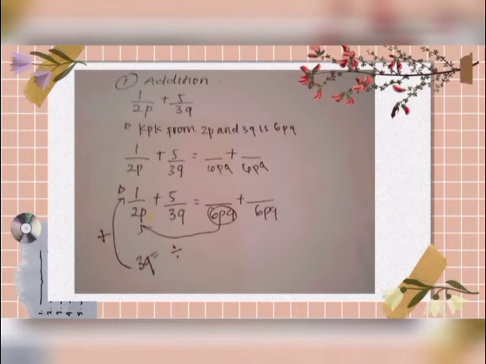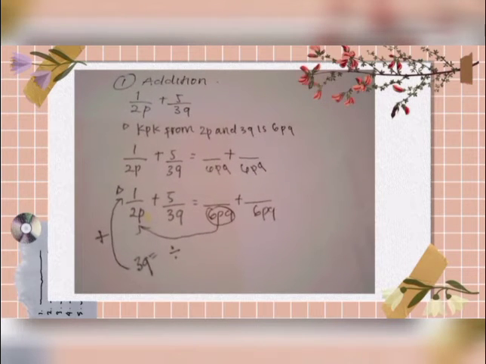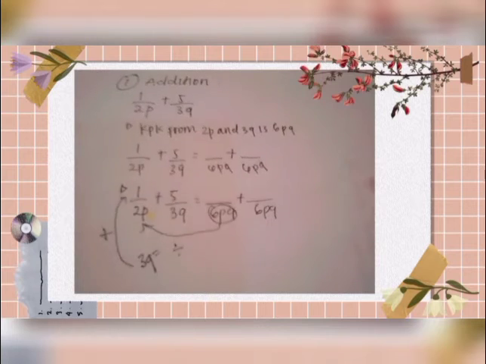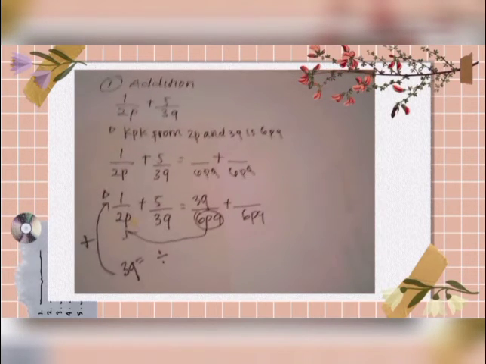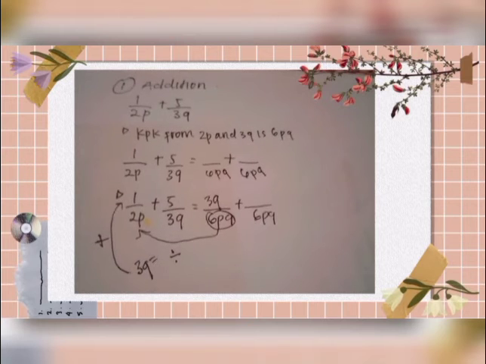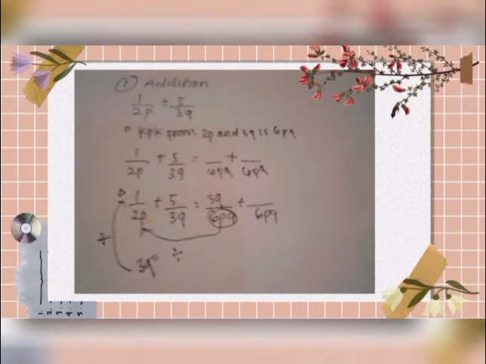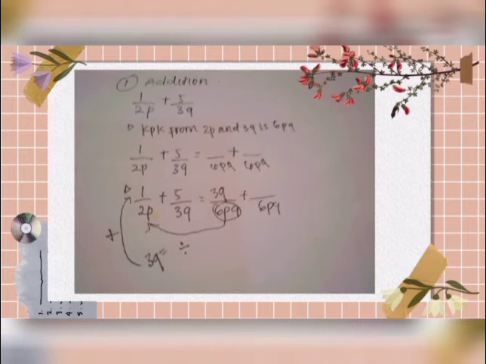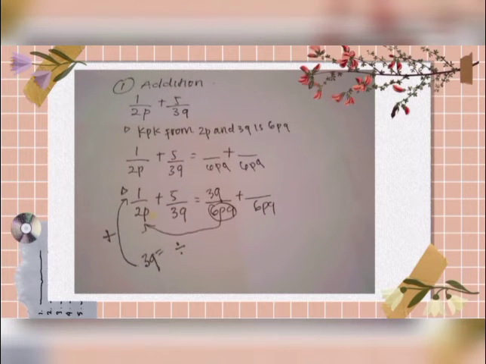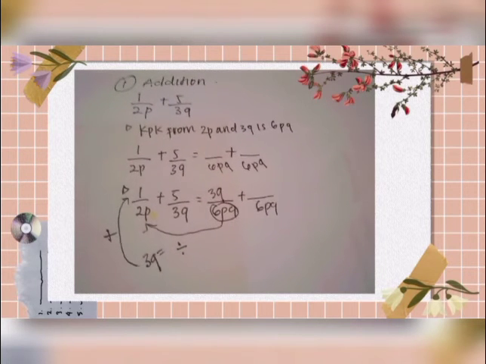Then times the numerator 1 equals 3q. So 3q over 6pq. The second fraction, the denominator is 6pq divided by 3q equals 2p.